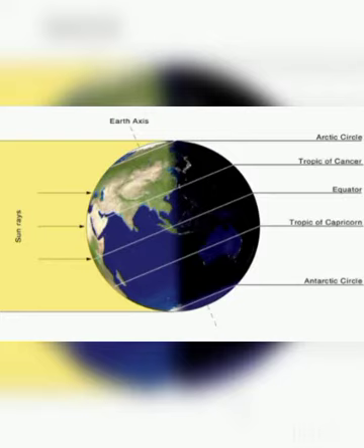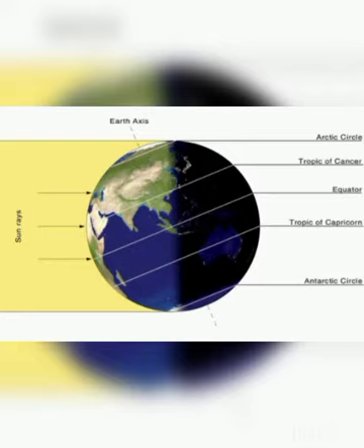So now we study what is weather. Weather is the condition of an atmosphere at a particular place and time. What is weather, ma? Weather is the condition of the atmosphere at a particular place and time.